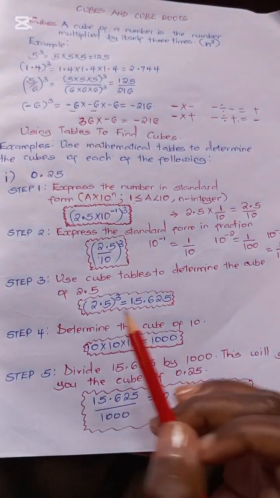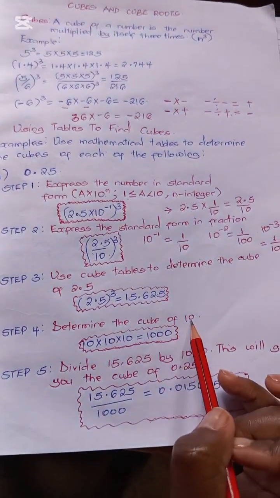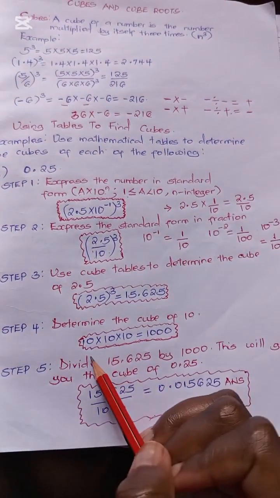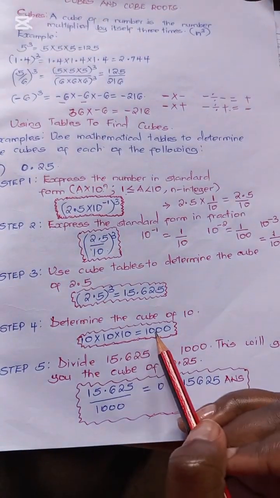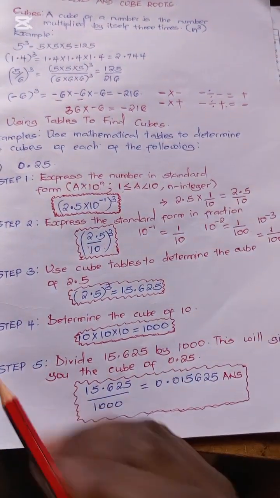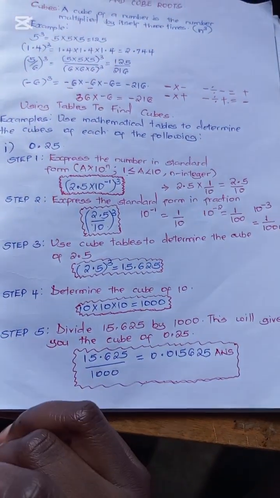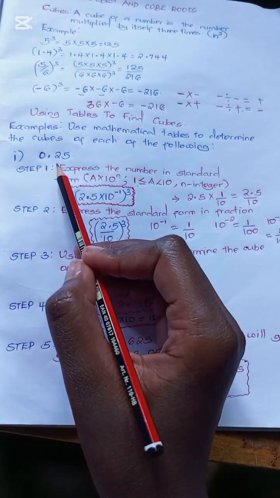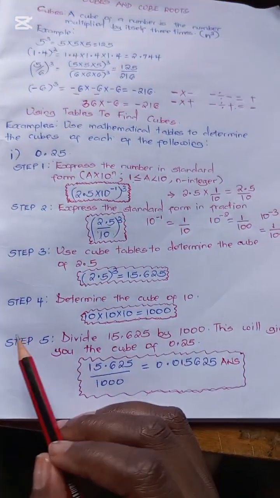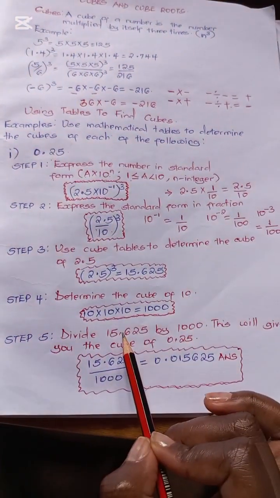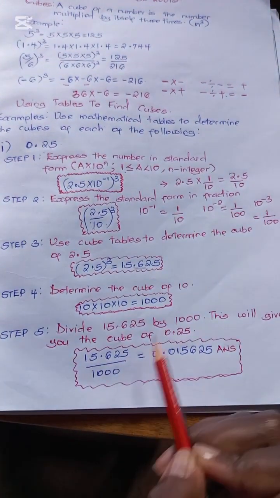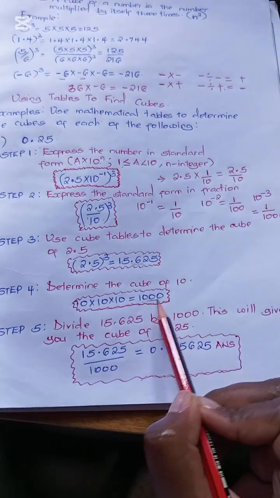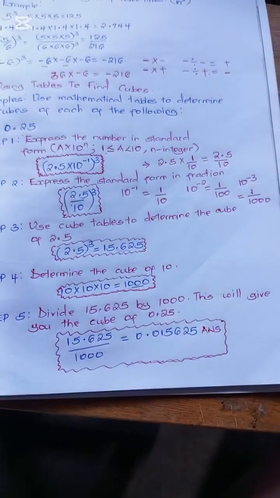Step 4, we will determine the cube of 10. So that is 10 multiplied by 10 multiplied by 10 to give you 1000. And finally, to get the cube of 0.25, we'll be taking 15.625, this value here, multiplied by 1000, this value here.